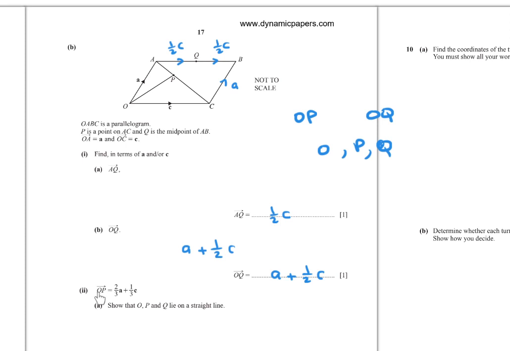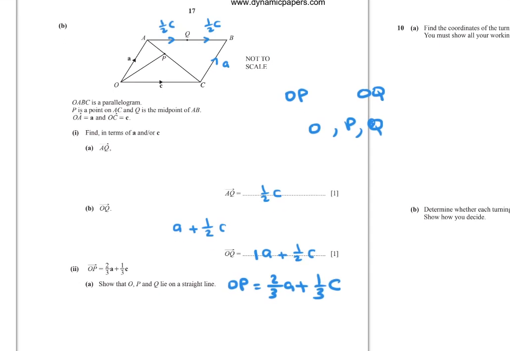For OB, it's given to you: 2 over 3 A plus 1 over 3 C. And we found OQ equals 1A plus 1 over 2 C. Do we have a relation between OB and OQ? To find the relation between them, divide the coefficient of A by the coefficient of A, and the coefficient of C by the coefficient of C.